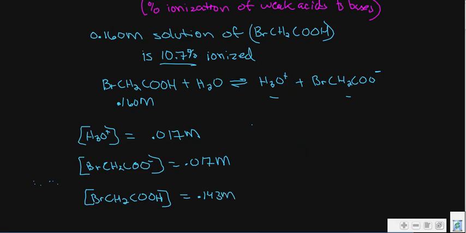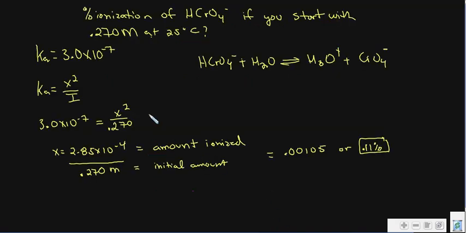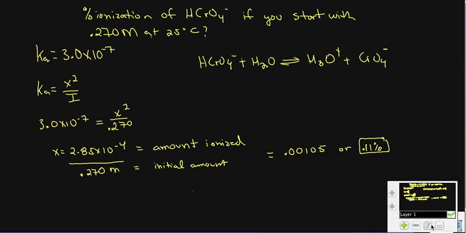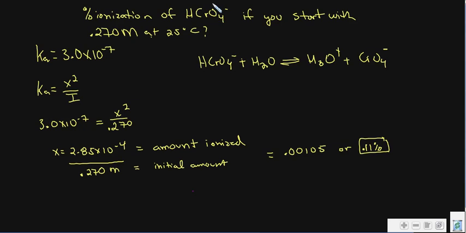Here's another one that is probably a little bit more difficult. So let's look at this one real quick. What is the percent ionization of, in this case we've got chromic acid. So chromic acid, what if we started with an initial concentration of 0.270 molar at 25 degrees.